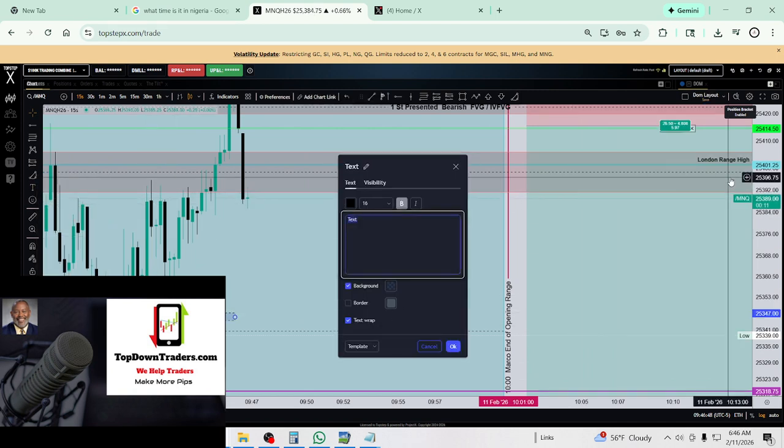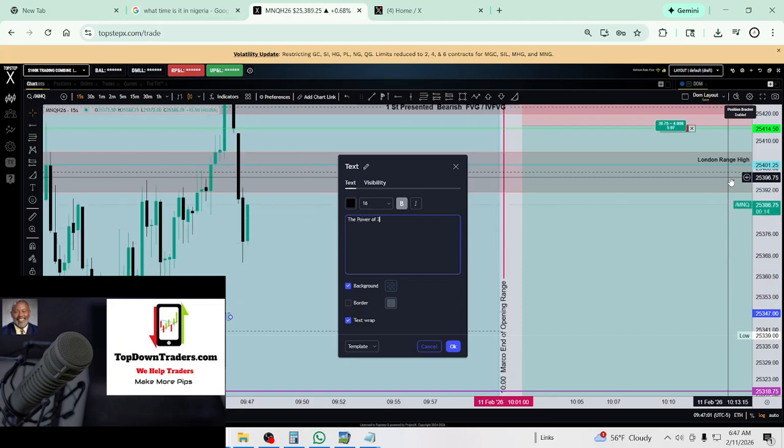I'm going to annotate that on the chart for you. For me, the power of 3 works better on a higher time frame, but it presents itself everywhere. It's also known as really a 3-bar reversal, okay?